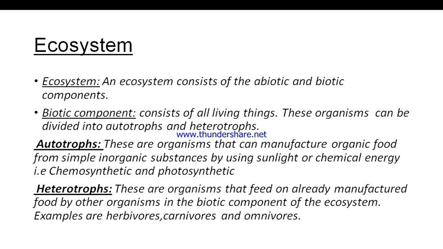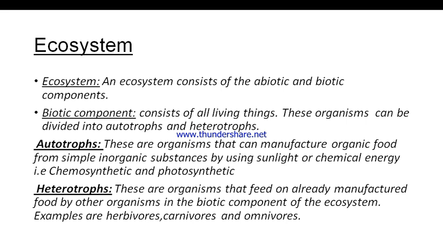Those who use chemical energy are said to be chemosynthetic. Chemo comes from chemical, and synthesis means production, so chemosynthesis is chemical production of food. An example of a chemosynthetic organism is sulfur bacteria.